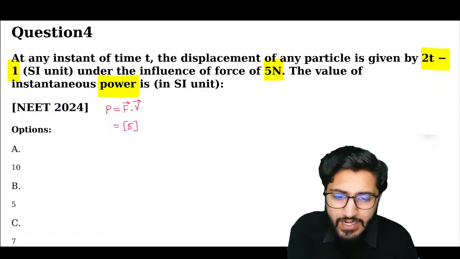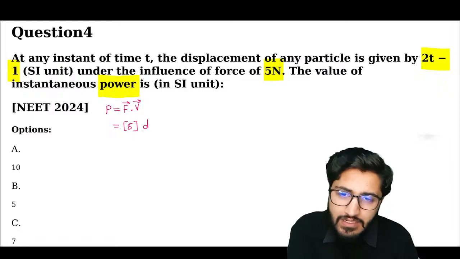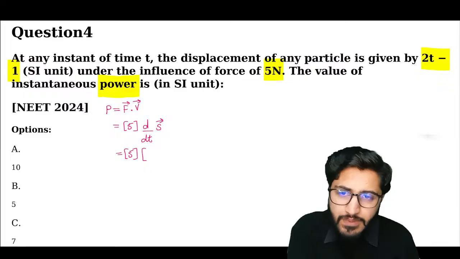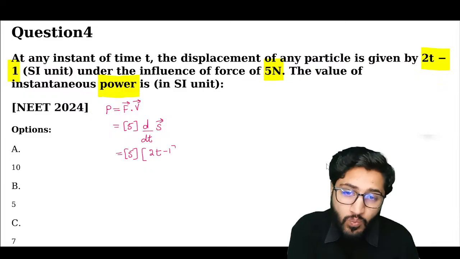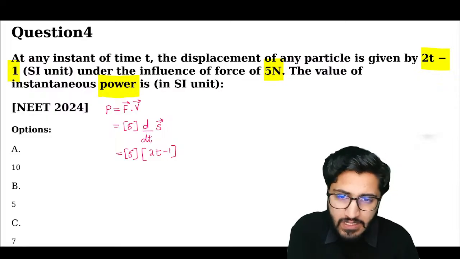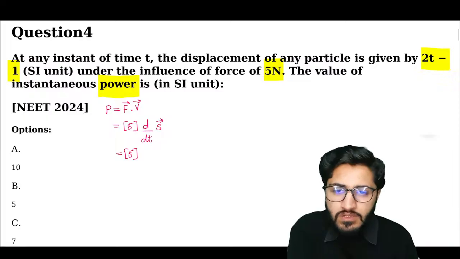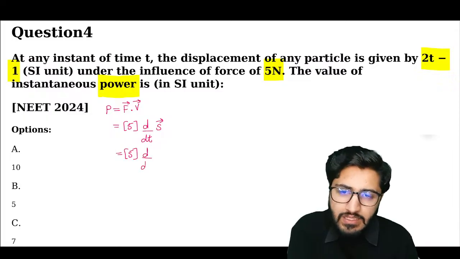So I will write d by dt of displacement. Here I will write 5. So what is displacement here? It is 2t minus 1. Okay, it is differentiation now. So it is d by dt of 2t minus 1.